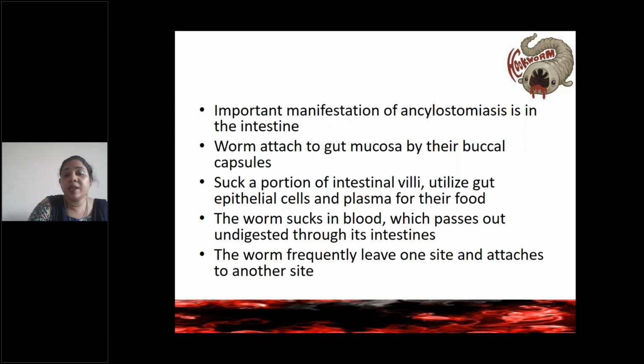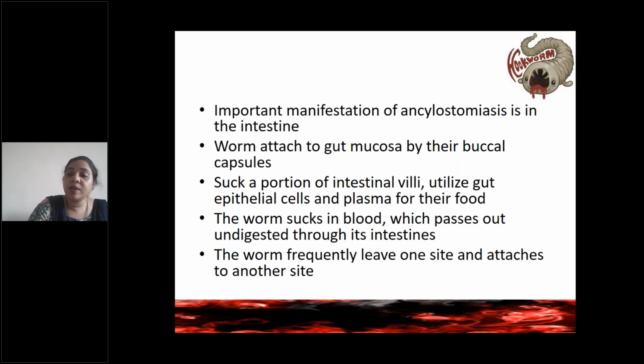The worm frequently leaves one site and attaches to another. They usually attach to the villi of the intestine, taking nutrients by utilizing the gut components. The worm sucks the blood.